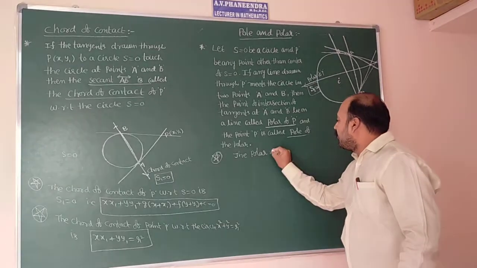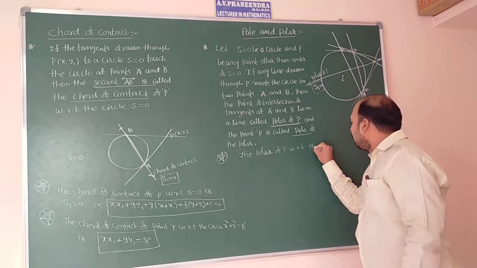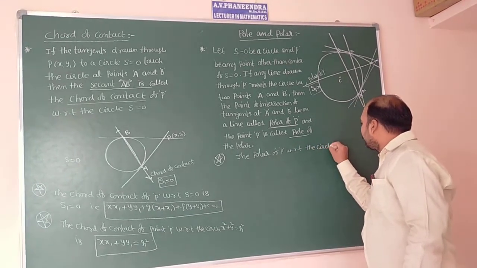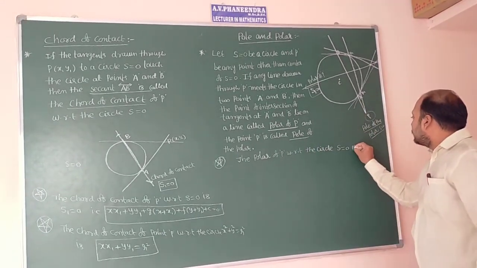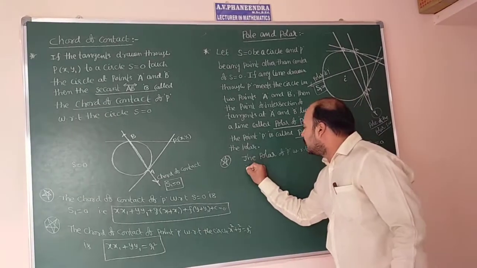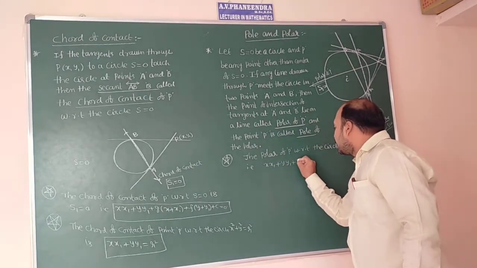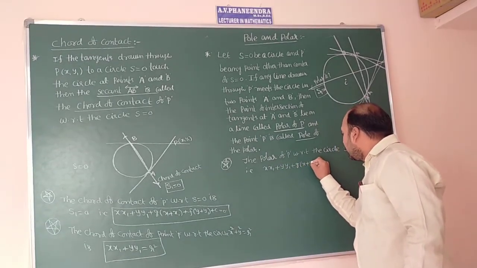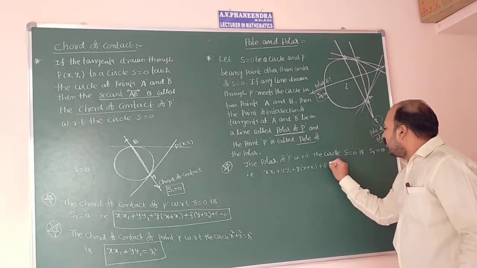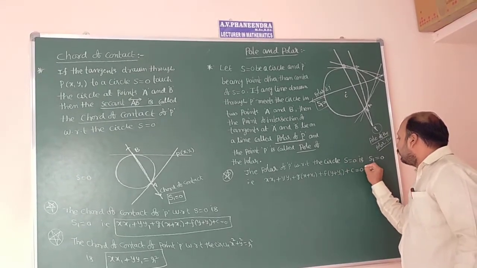The polar of P with respect to the circle S equal to 0 is S1 equal to 0. What is S1 equal to 0? That is xx1 plus yy1 plus g into (x plus x1) plus f into (y plus y1) plus c equal to 0.